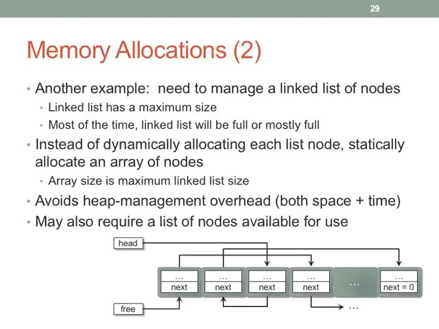Hey, guess what? Static allocation is fast. And then I can sort of link them all together into a linked list just within my array. So now you've thrown away your heap management space overhead, and allocation is really easy. You just go and take the first node off the free list, and you've got your next node. So that's way faster than calling into a heap allocator.